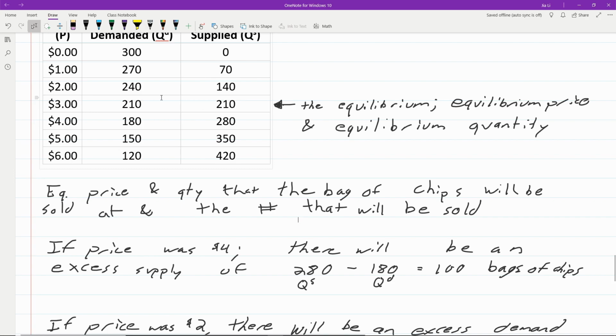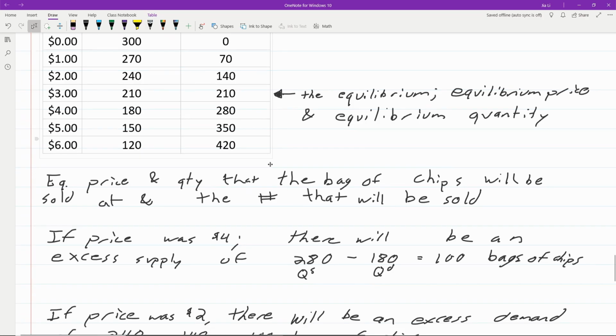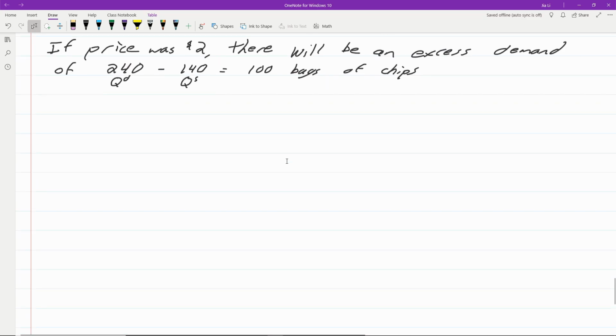So at the price of $3, we're at equilibrium because there's no incentive for the store to try and raise or lower the price. If the price was higher than $3, there would be an incentive for stores to lower the price. If the price was $2, there would be an incentive for the store to raise the price. But at this equilibrium price of $3, there is no longer an incentive for stores to change the price because quantity demanded is exactly equal to quantity supplied.